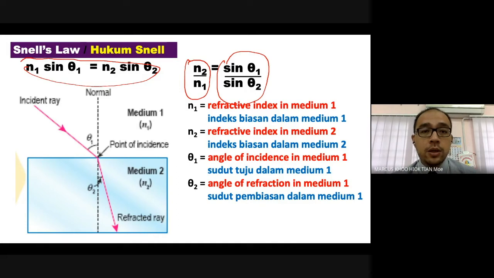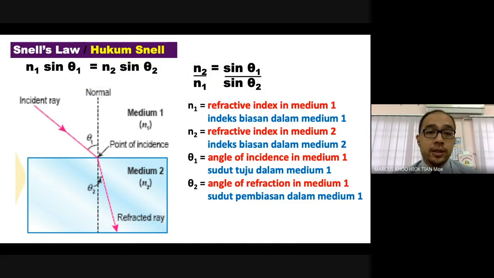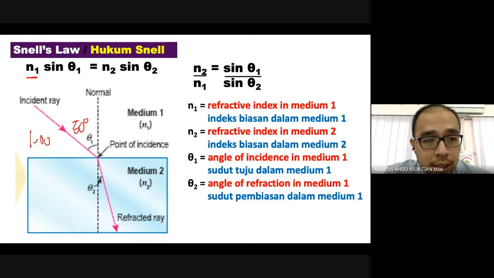Let's do a short exercise for this. So let's say this is 50 degrees, and my n1 over here is 1.00. And let's say my n2 over here is 2.42.